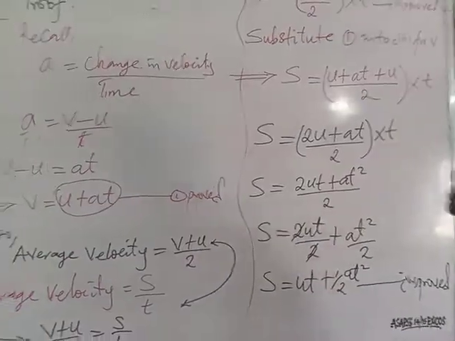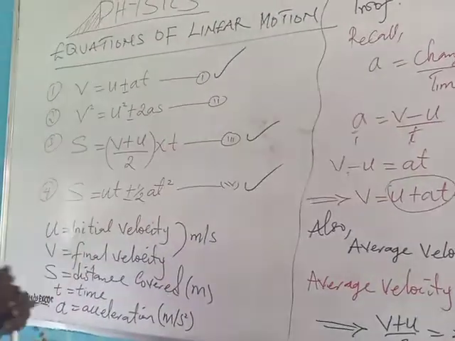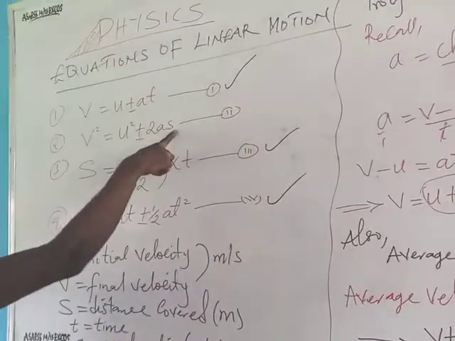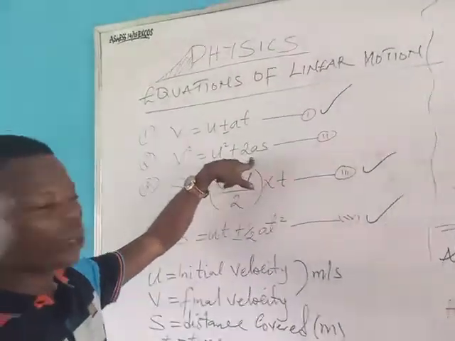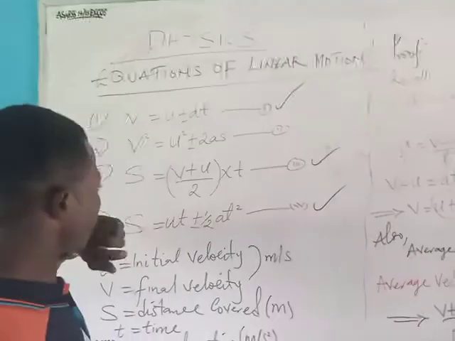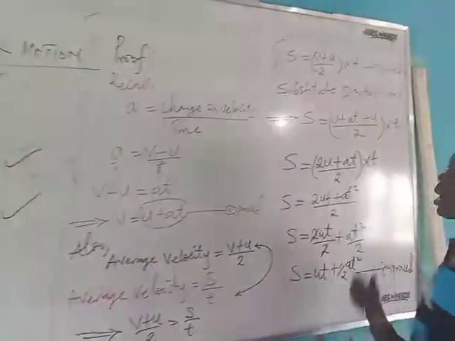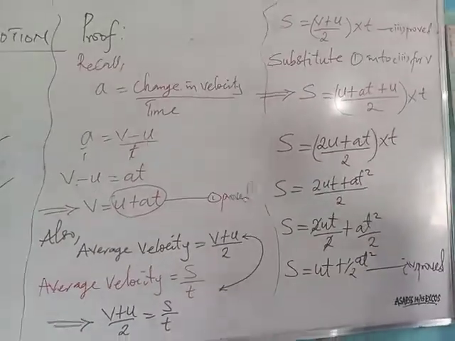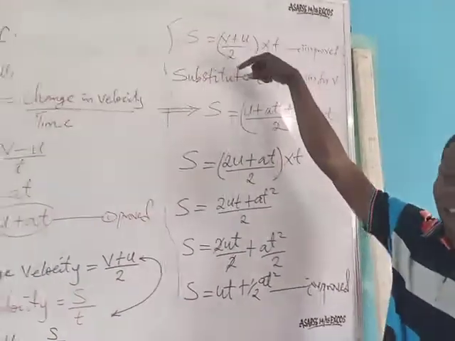Now we are left with equation 2. To get this equation 2, we discover that T is not in this equation. Out of these 3 equations, we can make T the subject of the formula and substitute for T in the other equation.